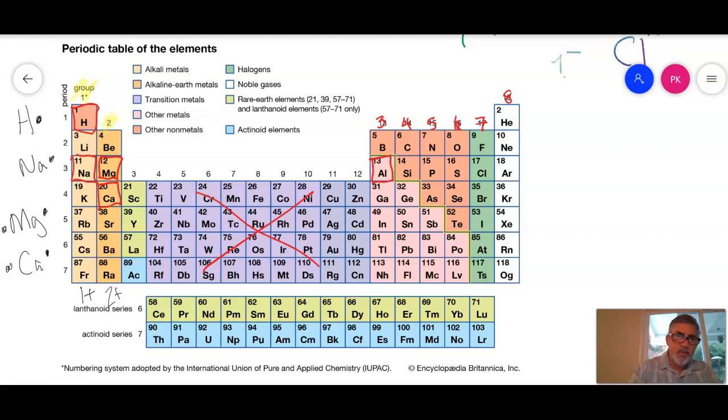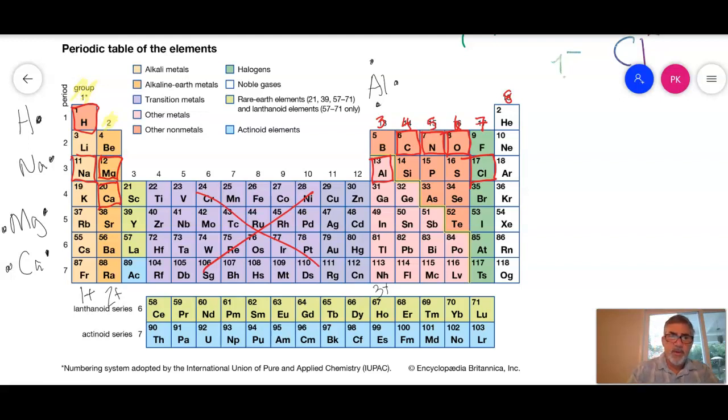So if we wrote aluminum in group 3, we have 1, 2, 3 valence electrons. So aluminum would form a 3 positive ion. Other atoms we're interested in are carbon, nitrogen, oxygen, chlorine.